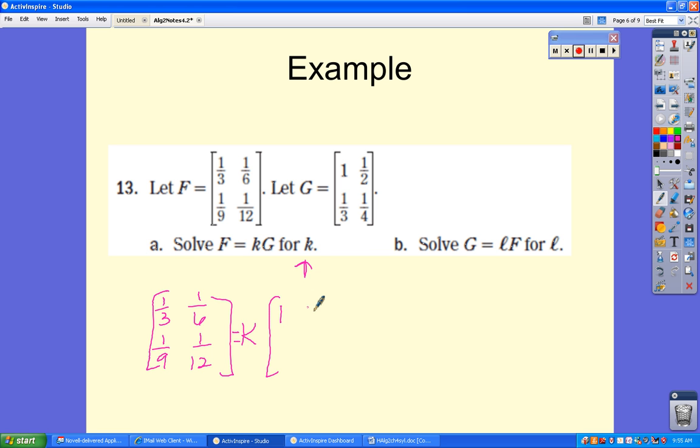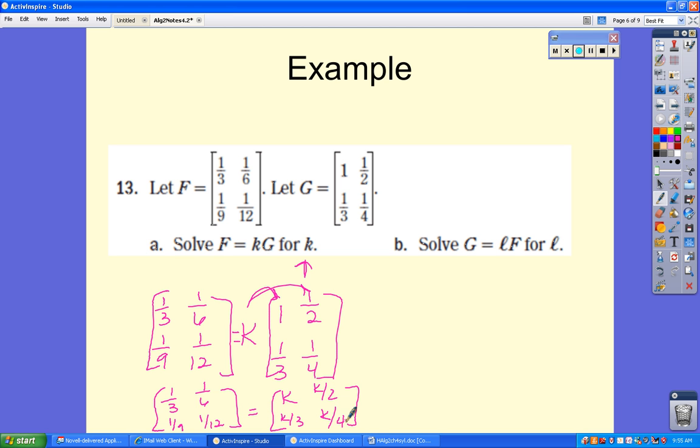And G is 1, 1/2, 1/3, and 1/4. Okay, I can distribute K all through this if I want. Basically what will happen is I will have 1/3, 1/6, 1/9, 1/12. I'm kind of out of space here. And now I have K, K over 2, K over 3, and K over 4.